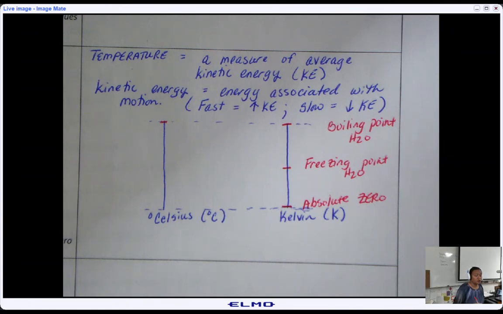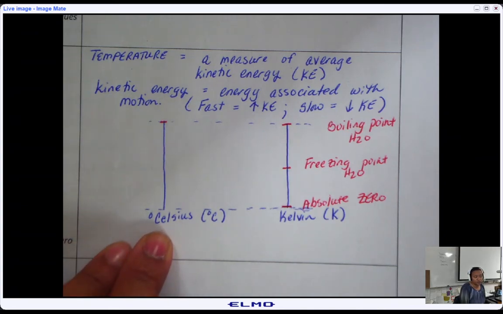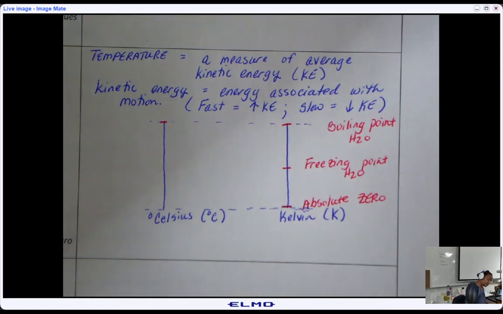All right, so boiling point of water on a Celsius scale. Does anyone know what the temperature is, the boiling point of water? At what temperature will water boil on the Celsius scale? Okay, it is 100 degrees Celsius.